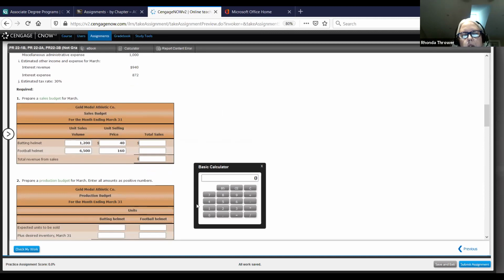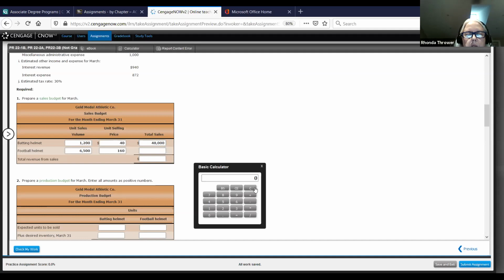We're going to take 1,200 units in our calculator and multiply that by 40. That will give you 48,000. We're going to do the same thing with the football helmets.